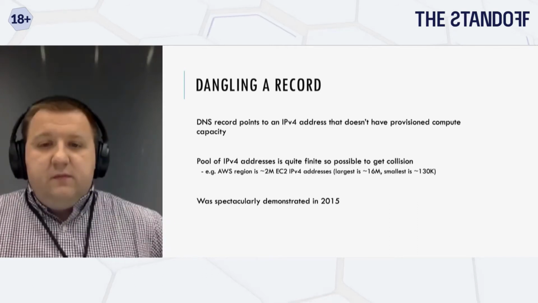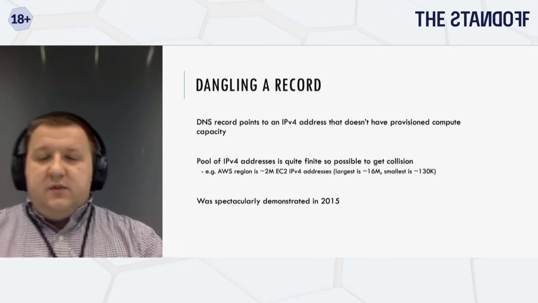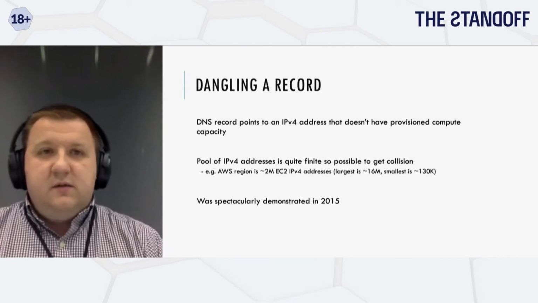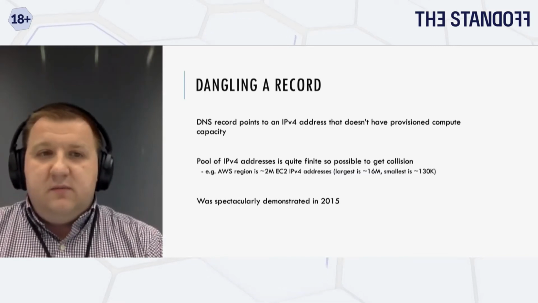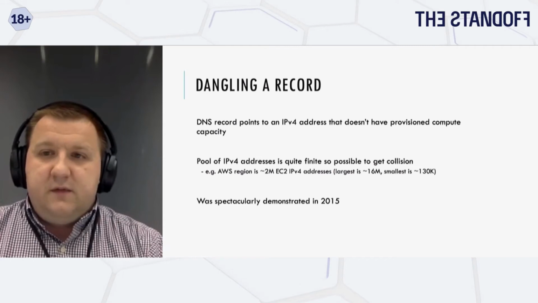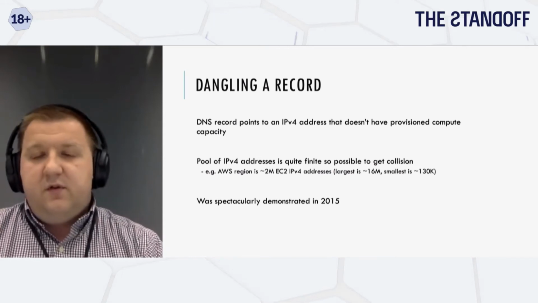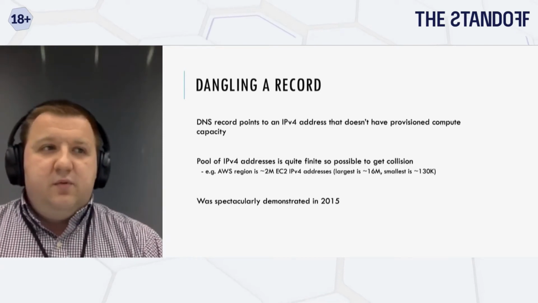Well, I first heard about it back in 2015. Back then, one of the researchers created a page in his blog which was running in real time on AWS. So the system would allocate some capacity to it and create a virtual machine.